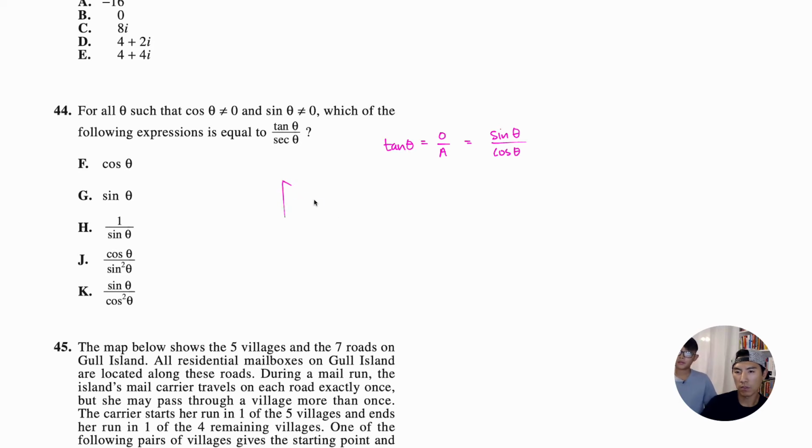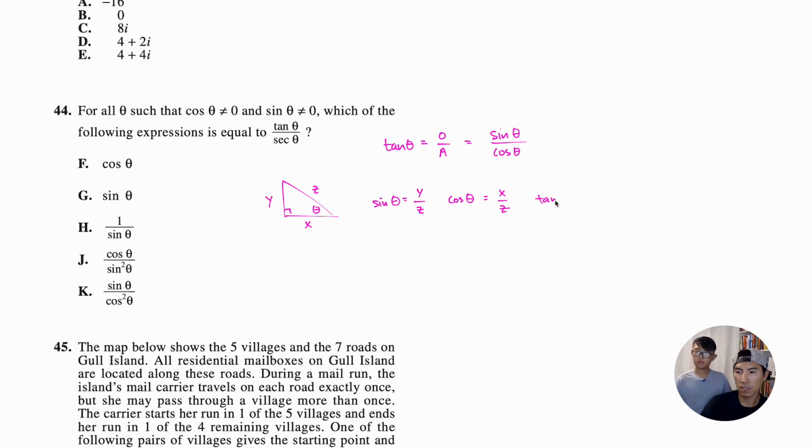If we have a triangle, let's say that's our theta, and sine theta is opposite. Let's call the sides x, y, z. Sine theta would be y over z. Cosine theta would be x over z.